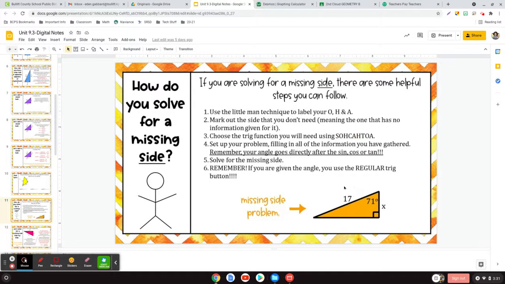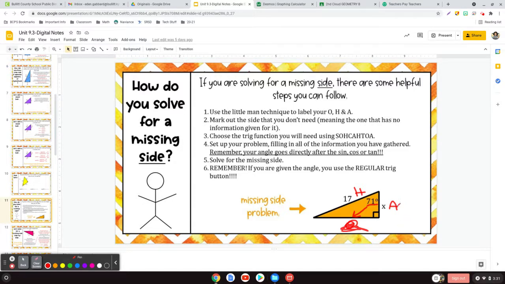So if we look at this triangle right here, we can label this as our hypotenuse. This is the angle we're working with. So what's across from it? This is going to be our opposite, and this is going to be our adjacent. This side, our opposite side, doesn't have any information, so we just mark it out.